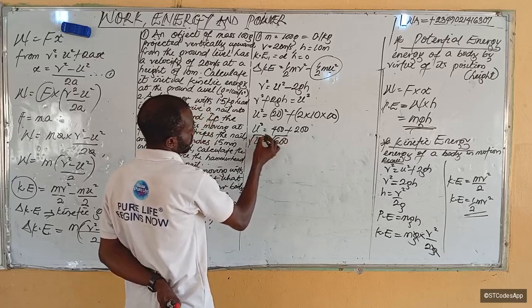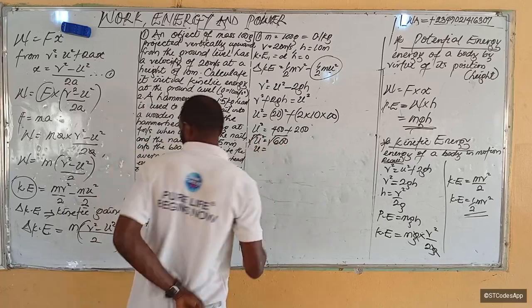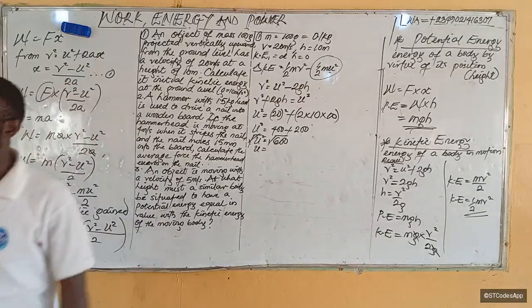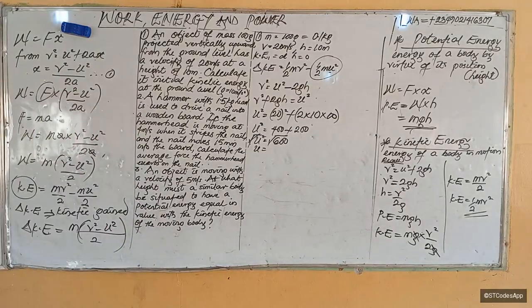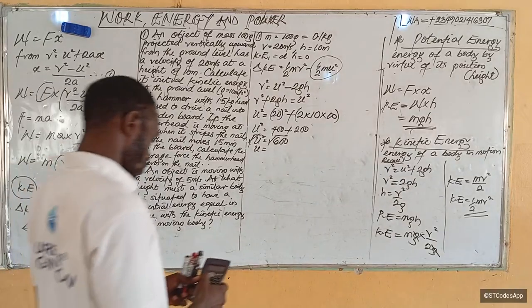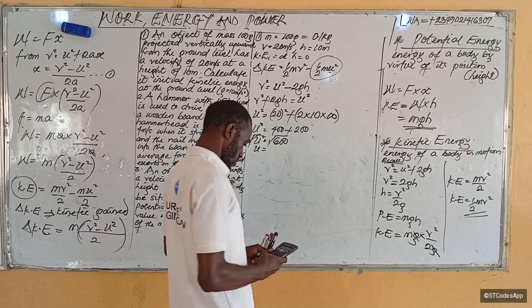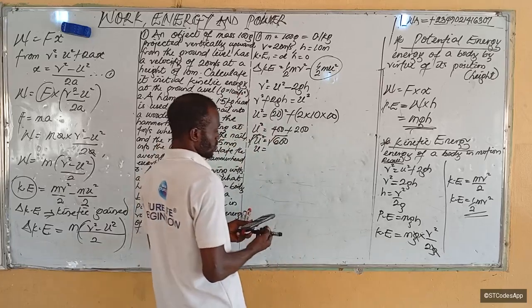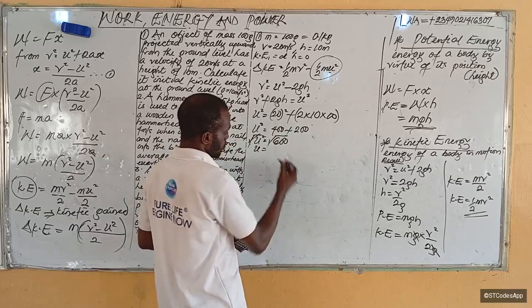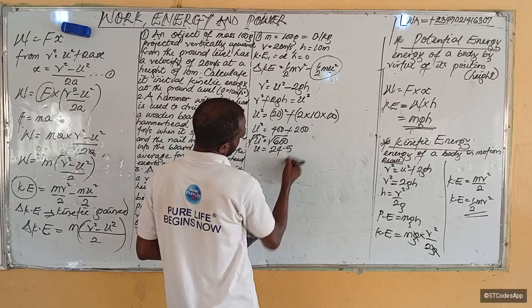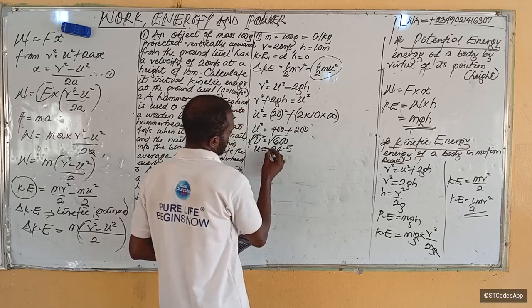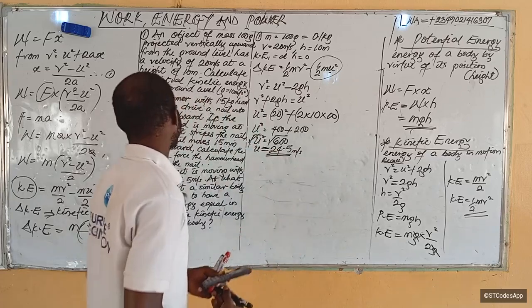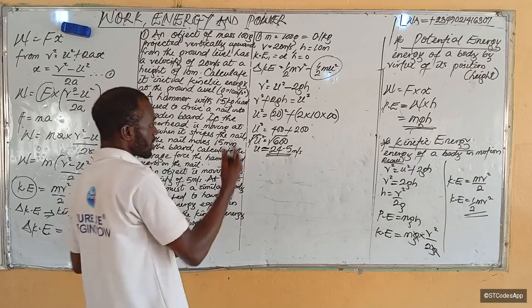Take the square root of both sides, so u becomes the square root of 600, which is 24.49. Let's just say 24.5, approximately 24.5 meters per second. That's the u.